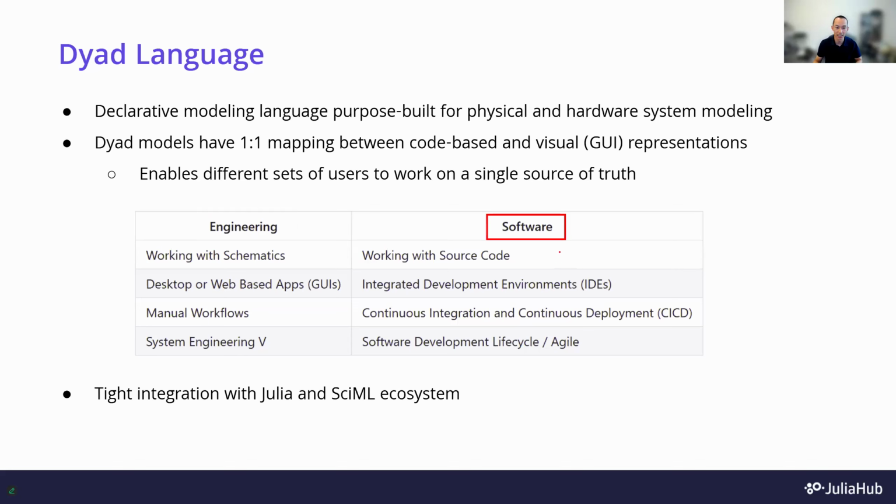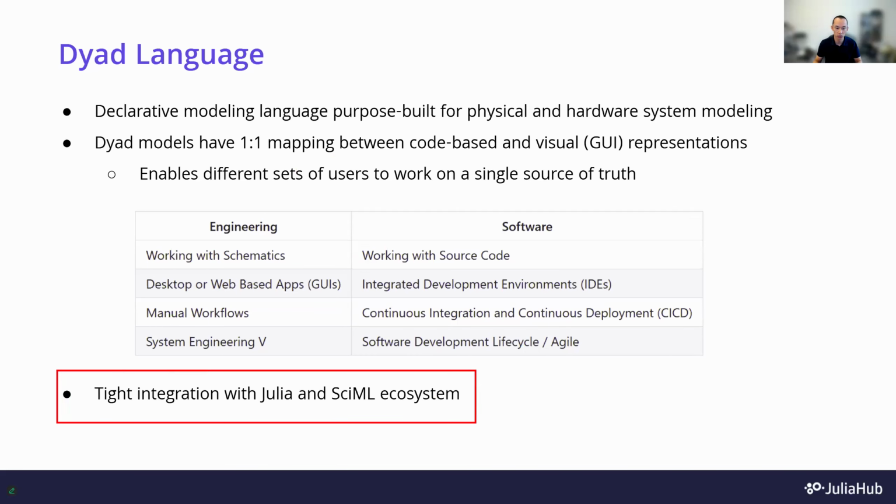So Dyad models and the Dyad language enable these different types of users to work on a single source of truth because Dyad models, again, have a one-to-one mapping between both code base and visual GUI representations. And also, of course, it has tight integration with the Julia and SciML ecosystem.